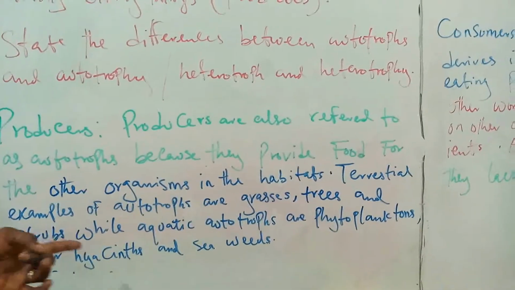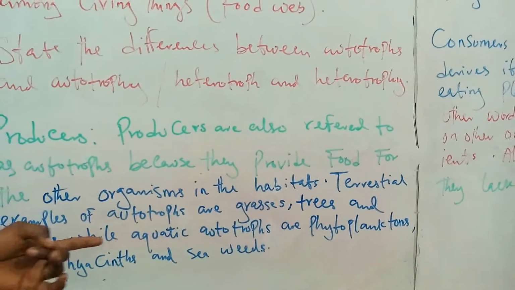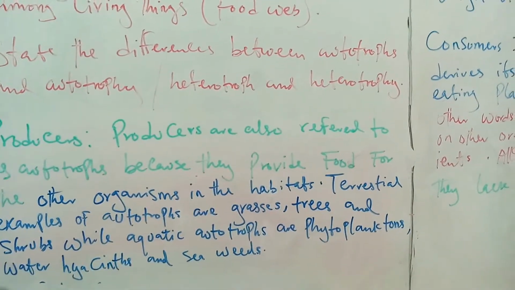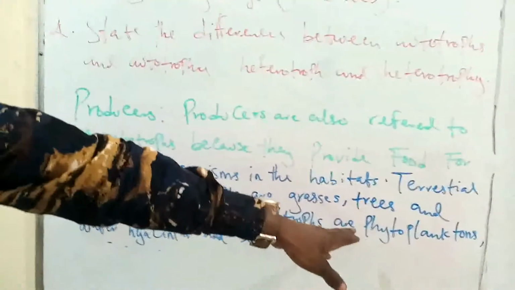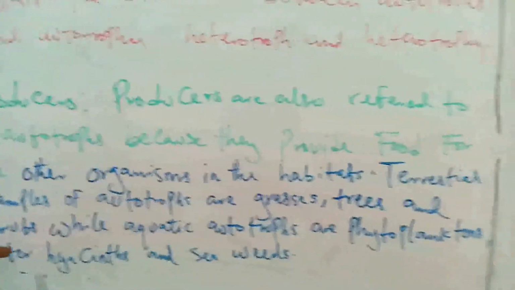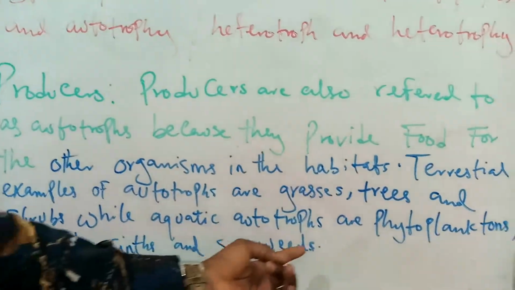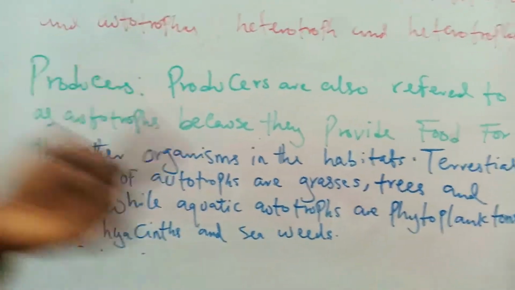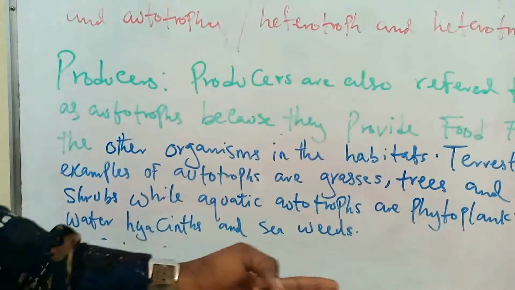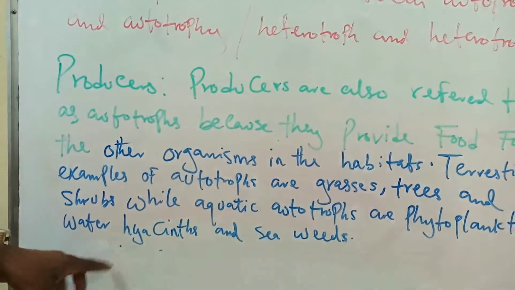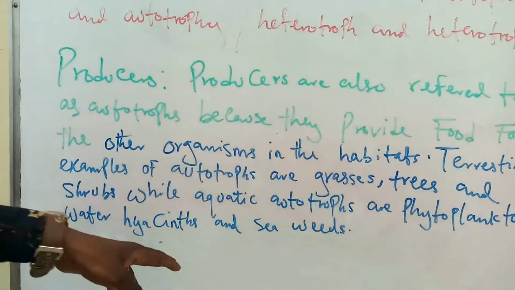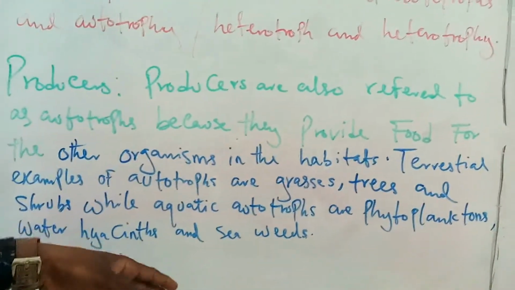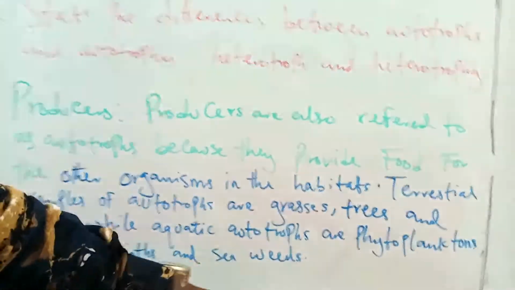Terrestrial autotrophs have to do with grasses, trees, and shrubs, while aquatic autotrophs are phytoplanktons, water hyacinths, and seaweeds.